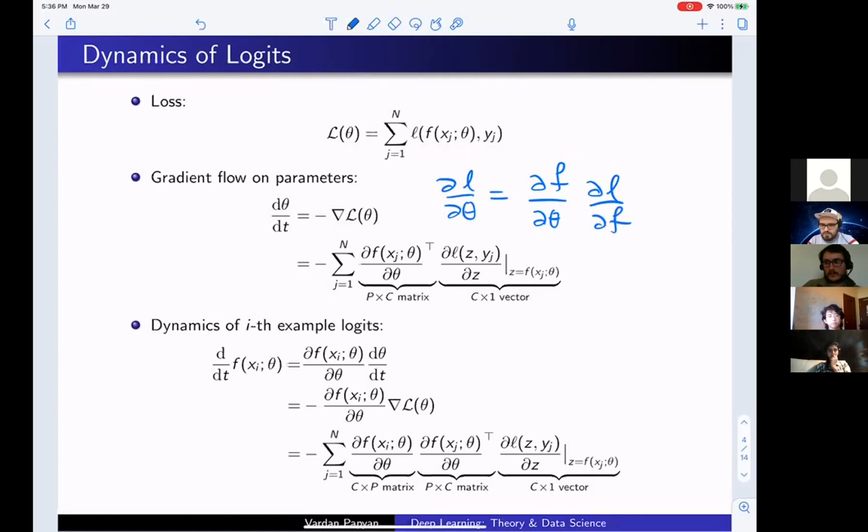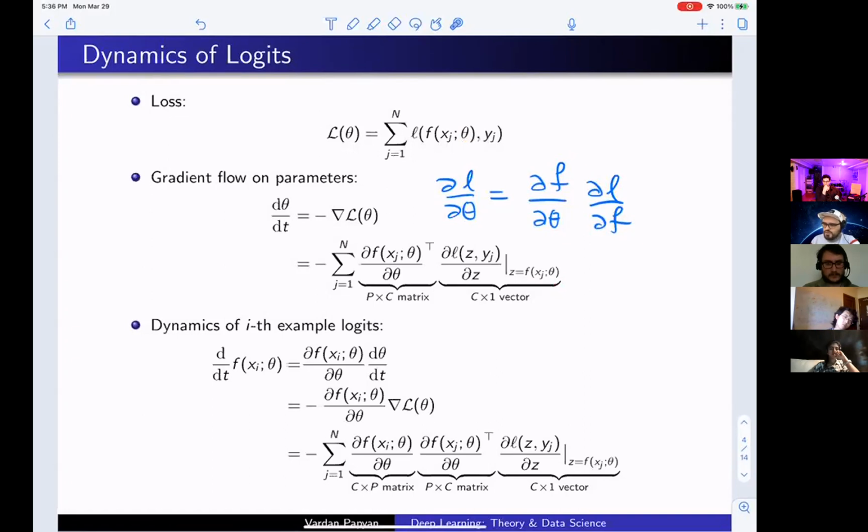Chain rule, right? You remember chain rule? You like chain rule? You do. Okay, so that's what we're going to do. So instead of this derivative of the loss, we're going to write the derivative of the logits with respect to theta times the derivative of the loss with respect to the logits evaluated at the logits.